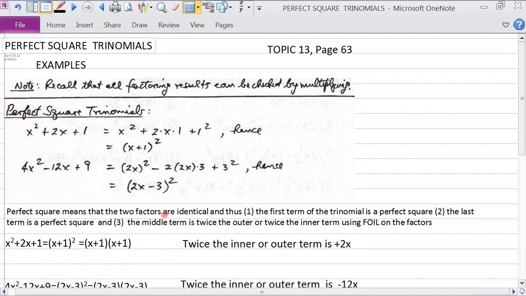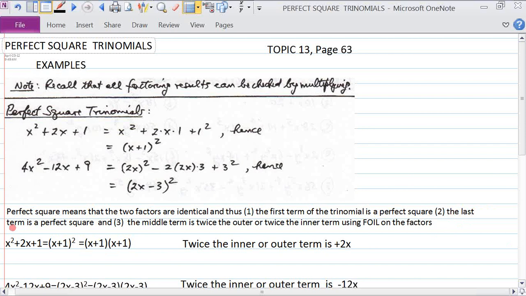So a perfect square means that the two factors are identical. So here, these two factors are identical. The first term of the trinomial is a perfect square. This is 1x squared. The last term is also a perfect square. 1 squared gives you 1. So that's this one right here.